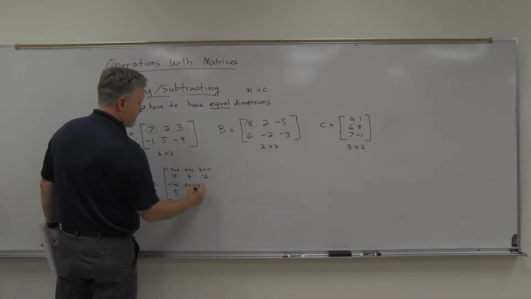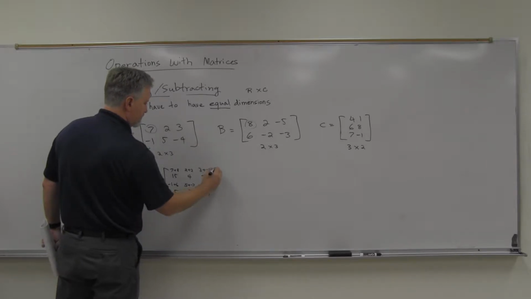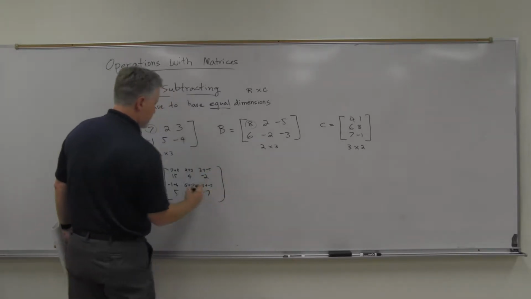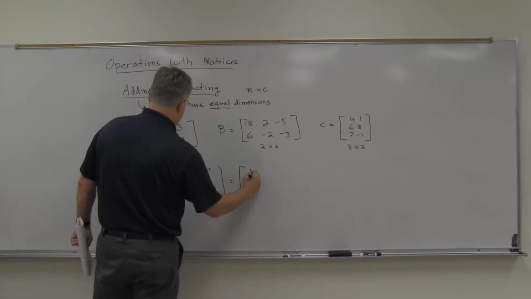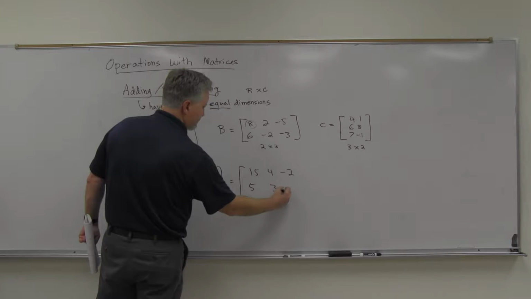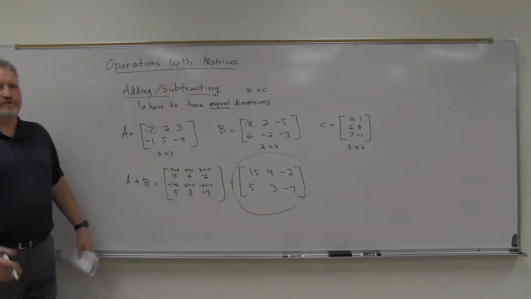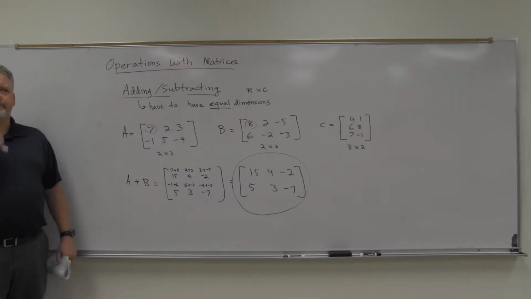And then negative 4 plus the negative 3 gives me negative 7. So you wind up with, clean it up, 15, 4, negative 2, 5, 3, and negative 7. That would be A plus B. So just add entry by entry.